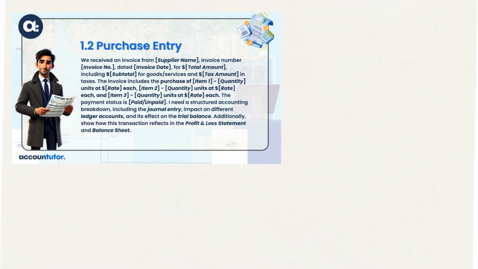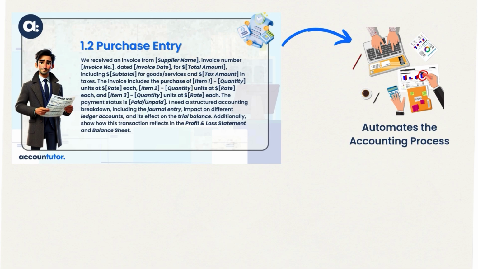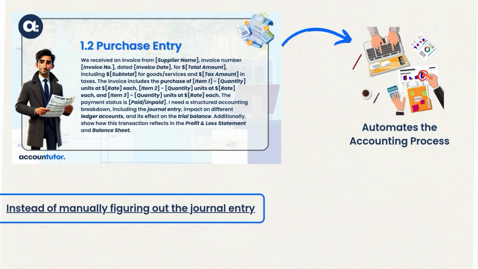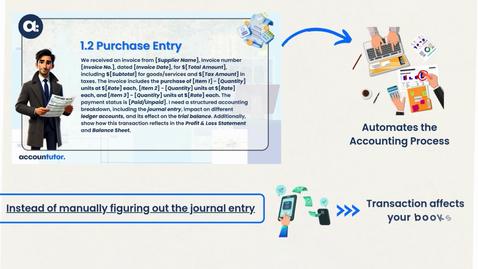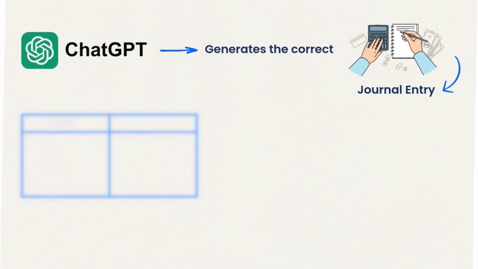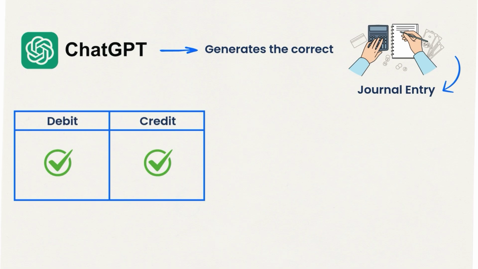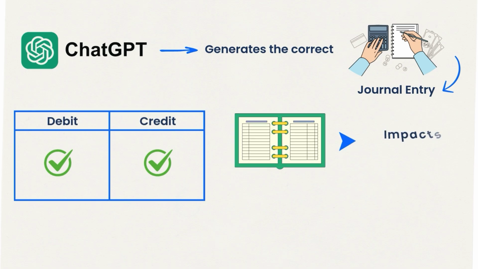This prompt is incredibly useful because it automates the accounting process in a structured way. Instead of manually figuring out the journal entry, you get a clear breakdown of how the transaction affects your books. ChatGPT generates the correct journal entry for you, showing which accounts to debit and credit. It also explains how the transaction impacts different ledger accounts, ensuring your records stay accurate.